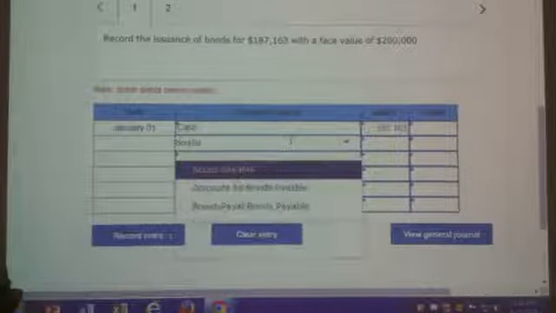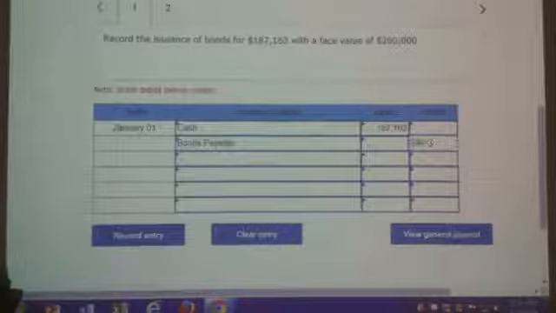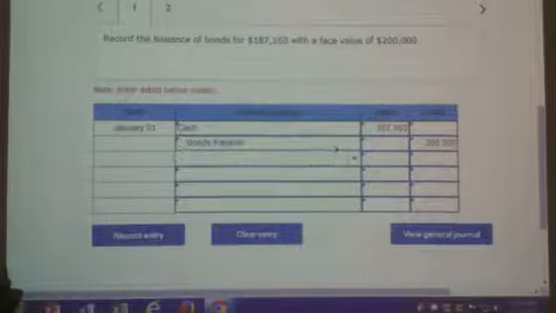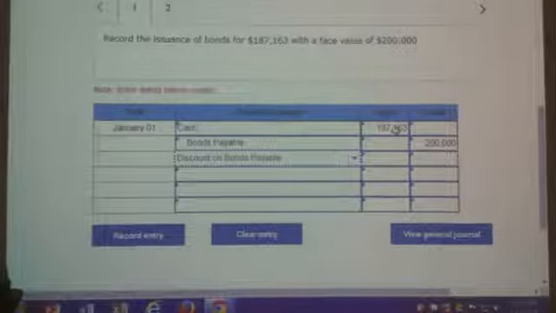It has a face value, $200,000. So that is what goes here, $200,000. All right. And now the discount is the difference. So the discount on the bond payable is the difference between the cash received and the face value of the bond.